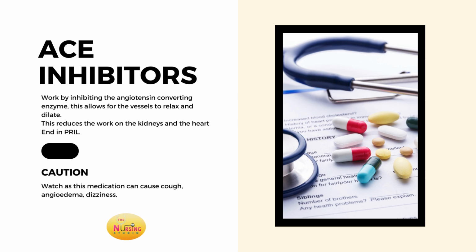So this is why we push to give ACEs and ARBs to those patients who have chronic kidney disease or who may be diabetic, because of the hit and effects that their kidneys already have. This medication protects it by reducing the workload on the kidneys as well as the heart, okay?